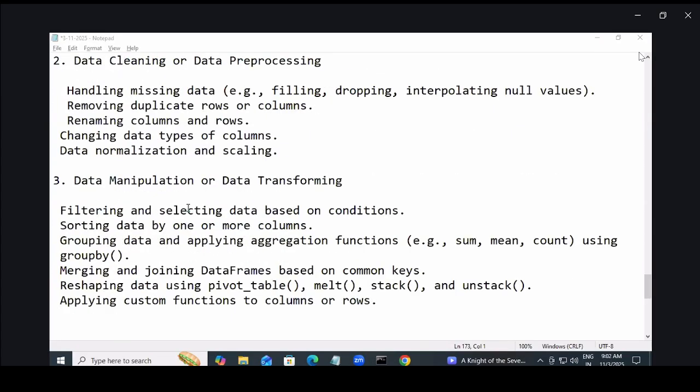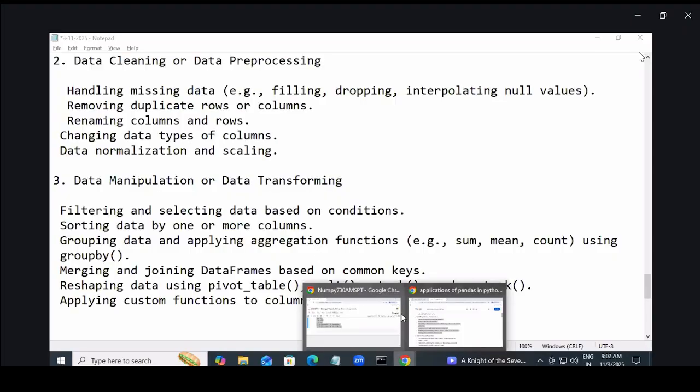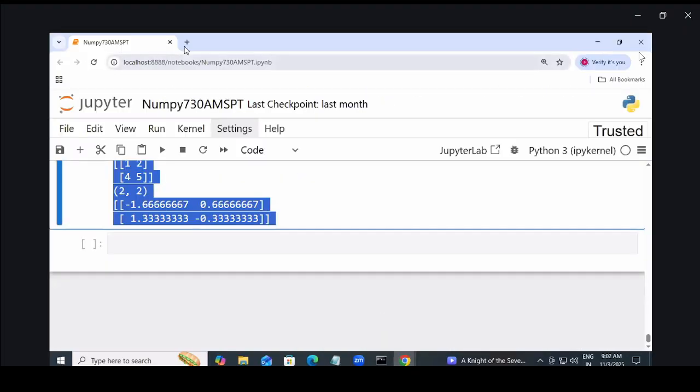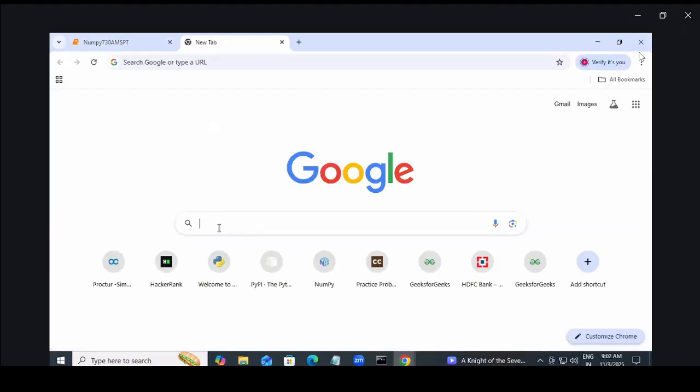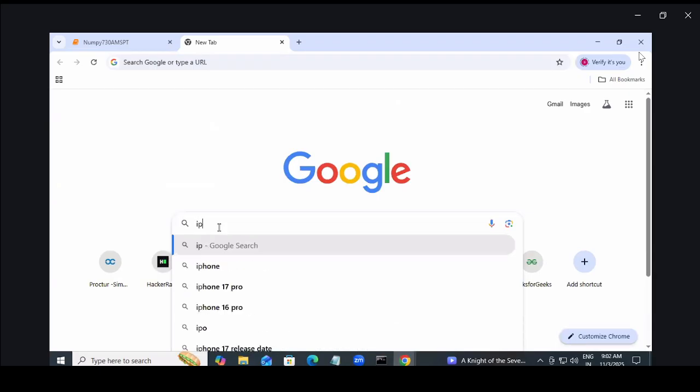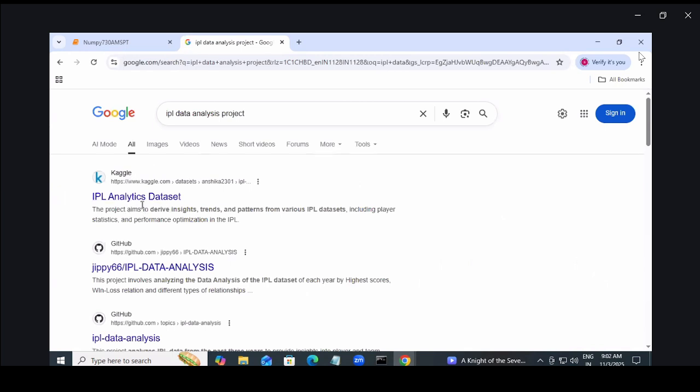Okay, BCCI. Suppose you can find this project, IPL data analysis, IPL data set or data analysis projects here.